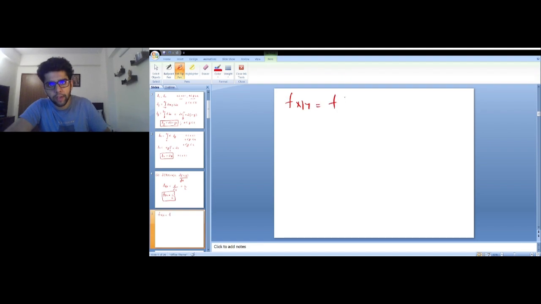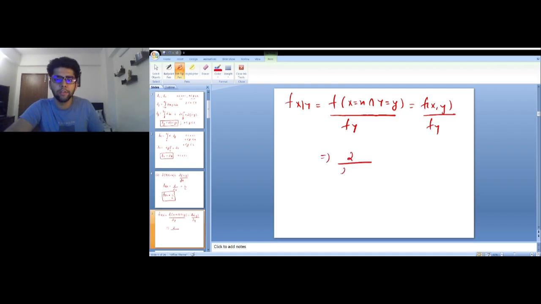So our f of x conditional y is equal to x intersection y is equal to y divided by f of y, which is equal to f(x, y) divided by f of y. Our f(x, y) is equal to 2, our f of y is equal to 2 into (1 minus y), and hence we will be getting 1 upon (1 minus y) for f of x conditional y. Therefore our f of x conditional y is equal to 1 upon (1 minus y).